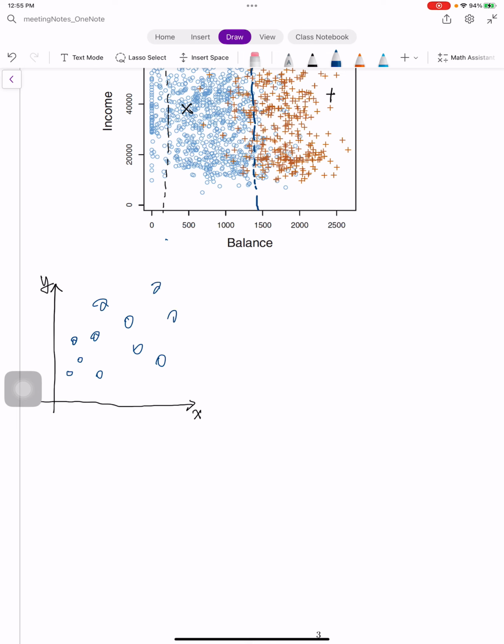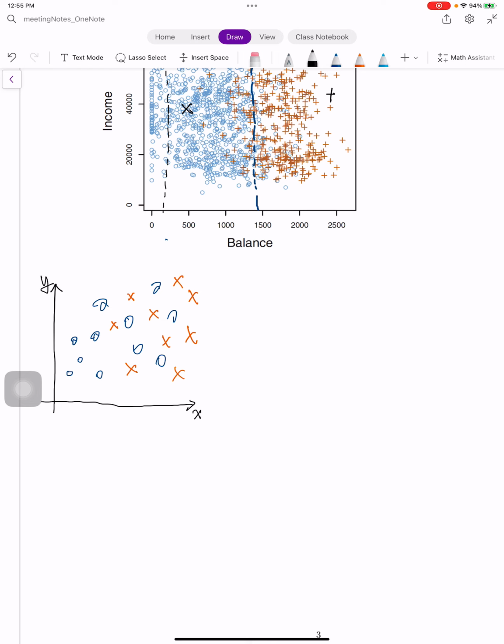The blue circles represent reliable customers, and the orange crosses are the high risk, defaulted debtors. So now the question is, how do we find a classifier?